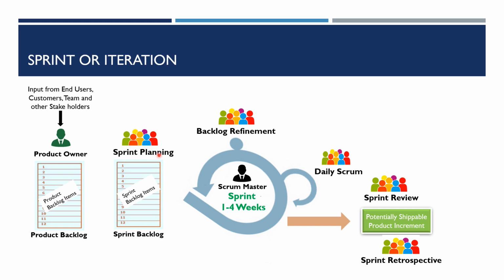So this is the sprint cycle. A sprint cycle can be anything between a week to 4 weeks. Typically, it's a couple of weeks, like two weeks. Scrum Master is everywhere, right, in the sprint.